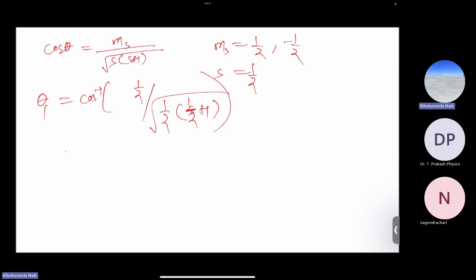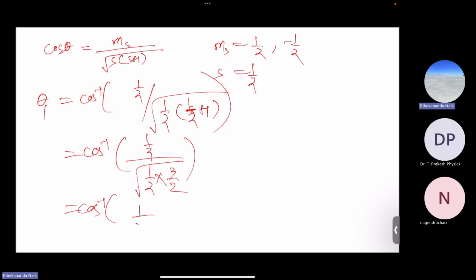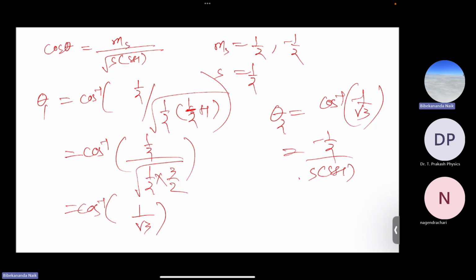It will be cos inverse of 1 by 2 divided by root of 1 by 2 into 3 by 2, which is cos inverse 1 by root 3. Theta 2 will be cos inverse of minus 1 by root 3, because here only minus half will be there. So cos theta 2 will be minus half into 2 by root 3; the 2 gets cancelled out and it is minus 1 by root 3.